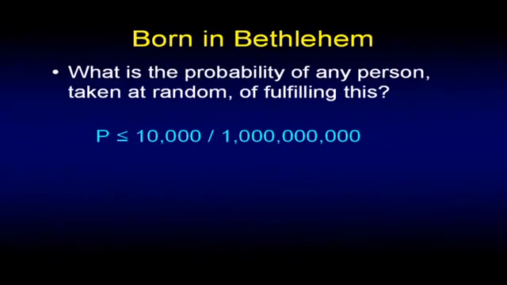So the probability of someone being born in Bethlehem is about 10 to the 4th divided by 10 to the 9th, or 1 in 10 to the 5th, or putting it another way, 1 chance in 100,000. You'd have to have a random audience of over 10,000 to have a probability of having somebody say, hey, I was born in Bethlehem. Okay? That's all we're saying. It's probably less than that. We're trying to be conservative here.